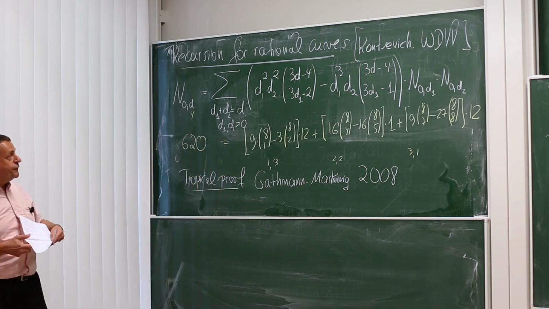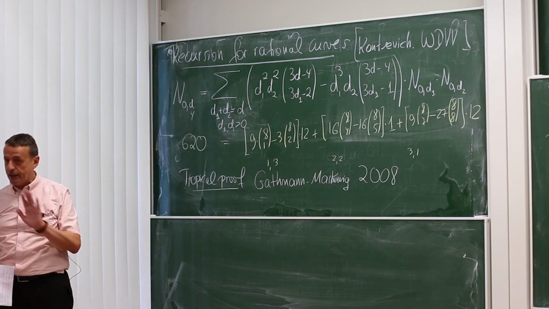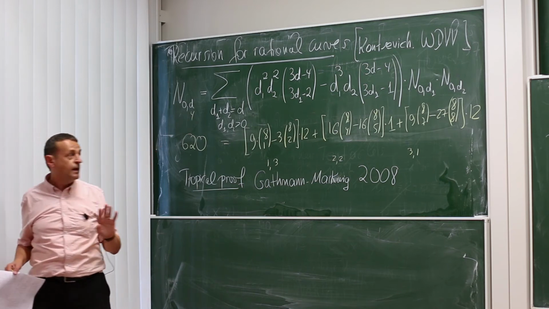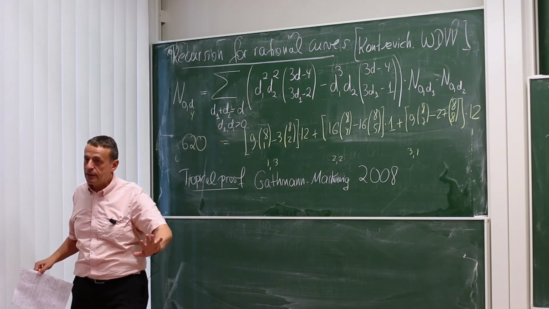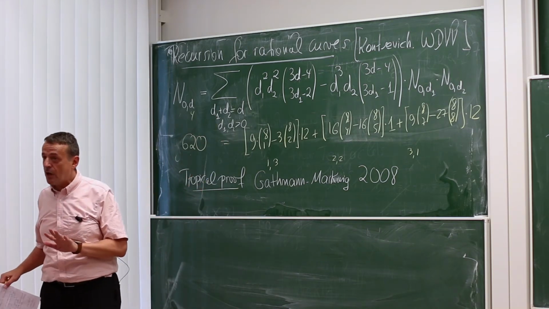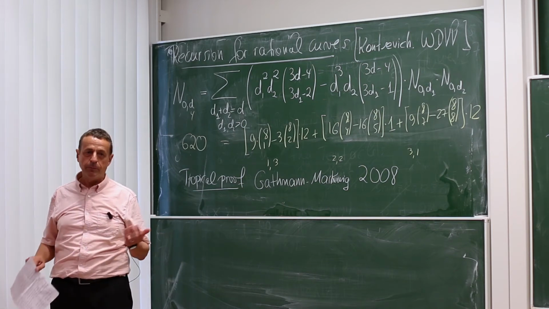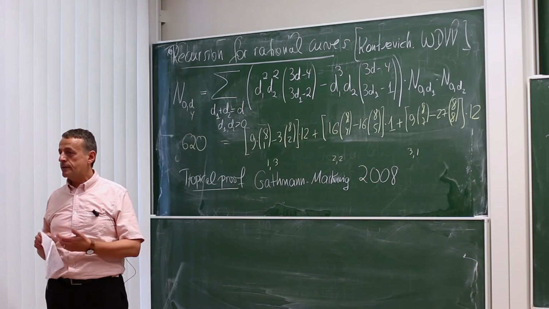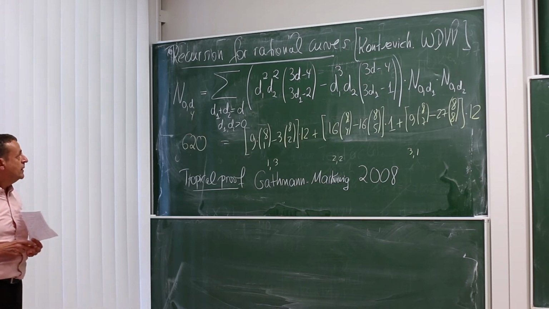So they took the ingredients in this formula and turned the ingredients into pictures. Right? Each of these ingredients is a sum of positive numbers. You're counting certain kinds of tropical pictures, each tropical picture indicating a degeneration in complex geometry, and then assembling all these combinatorial pieces, they rederive this formula.